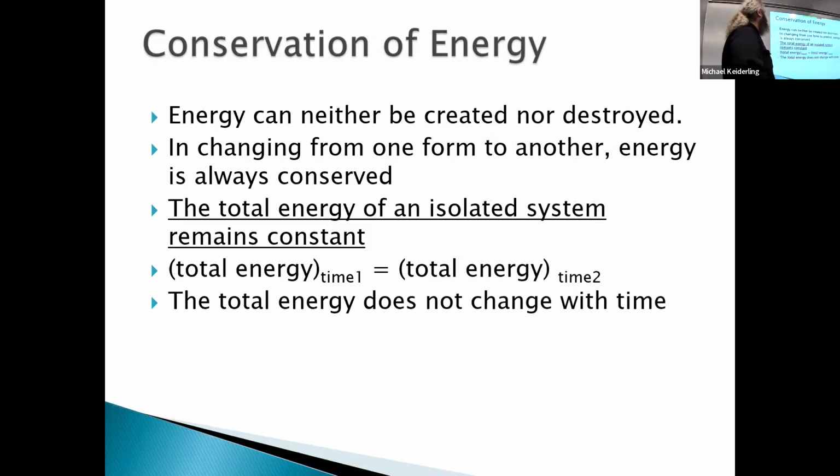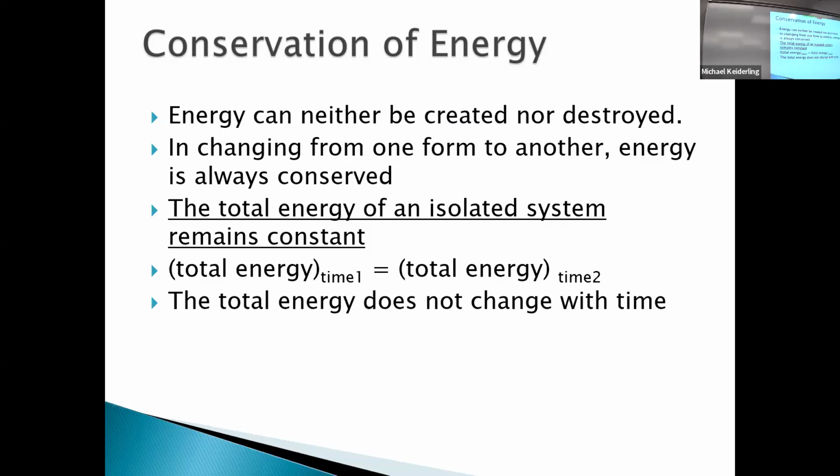So potential energy from gravity is mgh, mass times g times height. And energy is conserved. It can be neither created nor destroyed, but it will change from one form to another. It's always conserved, and the total energy of an isolated system will remain constant. That was sort of what we were trying to show in the lab today, but because of error and stuff, the numbers actually weren't too terrible except for the last one.